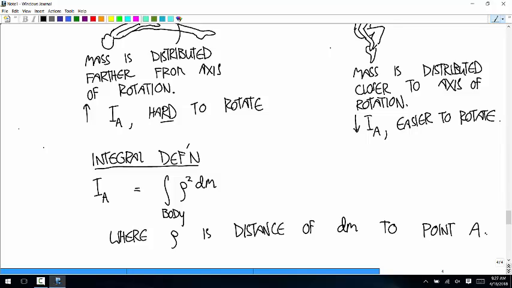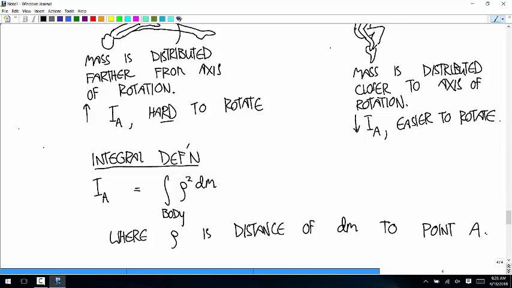Okay, so you can see, if you have the same mass m, just think roughly about applying this integral definition in those two gymnastics cases. For the tuck case, all of these rho values are pretty small. Imagine breaking up the body into all these small chunks of mass.